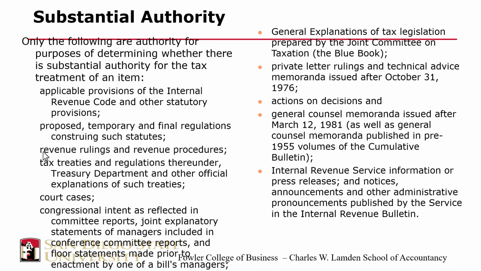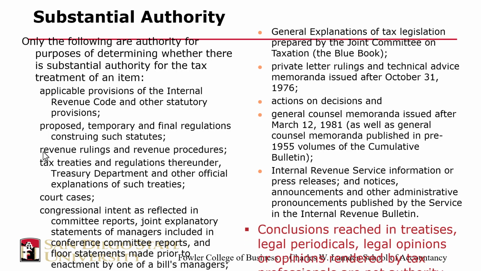And generally speaking, all of these are bundled together and published in the Internal Revenue Bulletin. So you can be far more comfortable if something's been published in the IRB that it represents substantial authority. To be clear, conclusions reached in treatises, periodicals, legal opinions or opinions rendered by a tax professional, those are not substantial authority.